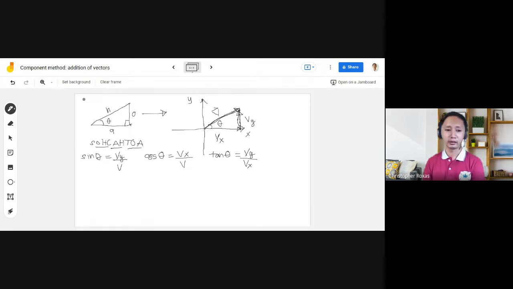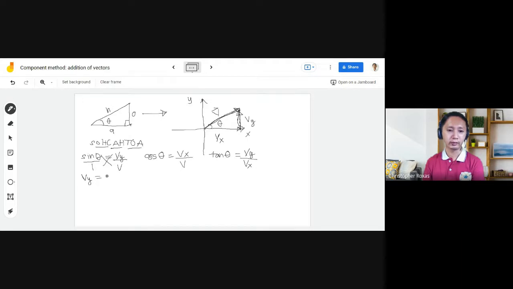Okay? So, how do we use this formula in the component method? In order to get the y component v sub y, you will derive for v sub y. So v sub y will be equal to, you can put a denominator 1 here and cross multiply.